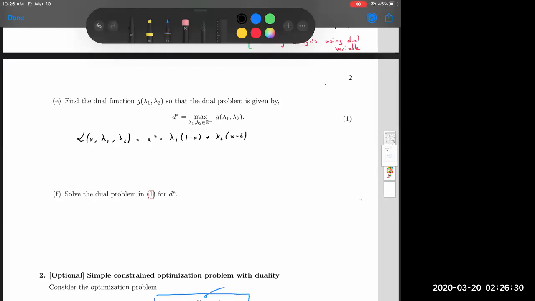So here we can find the minimum of the Lagrangian with respect to x by just setting the gradient to be equal to 0, which is the stationary condition of the KKT condition.